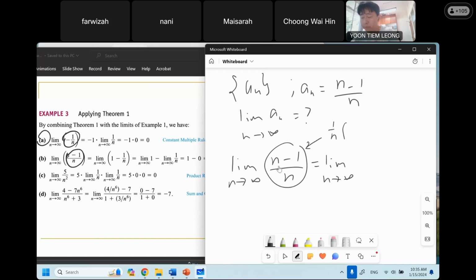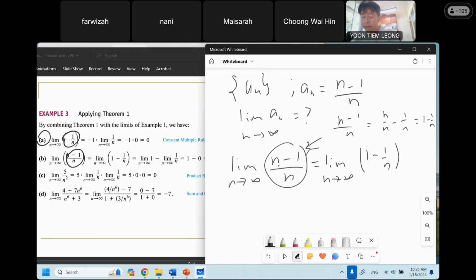You just rewrite this as 1 minus 1 over n. Right, n minus 1 over n is just n over n minus 1 over n, which is just 1 minus 1 over n.